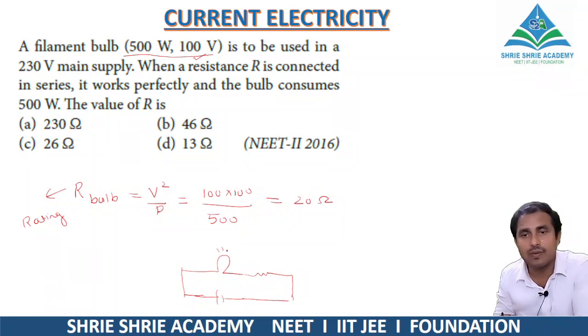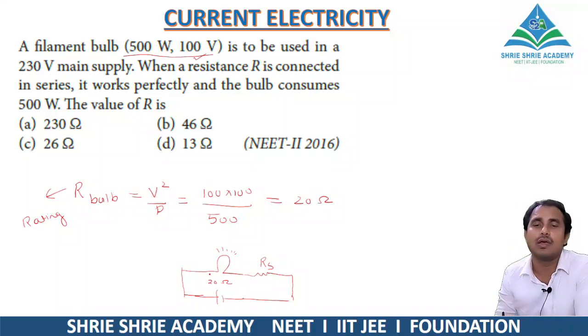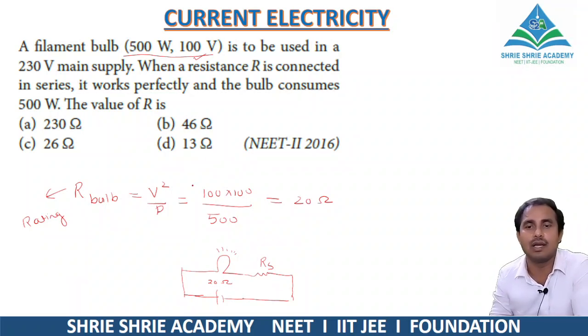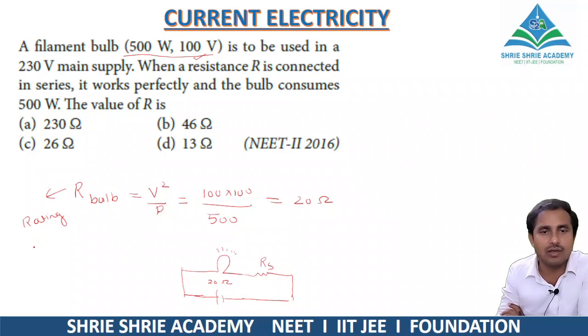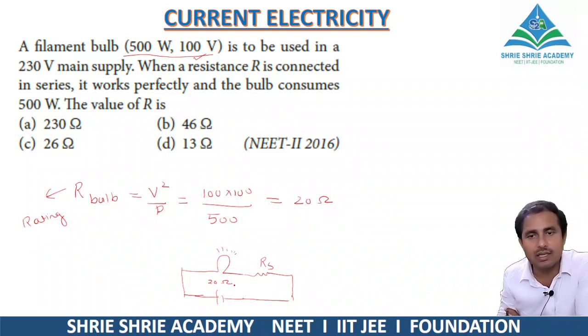The bulb has a resistance of 20 ohm, which we calculated. Something else should be connected in series so that it will actually glow with the brightness of 500 watt, right? Here this is the supply voltage 230.